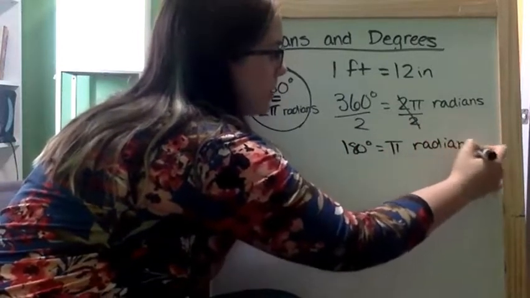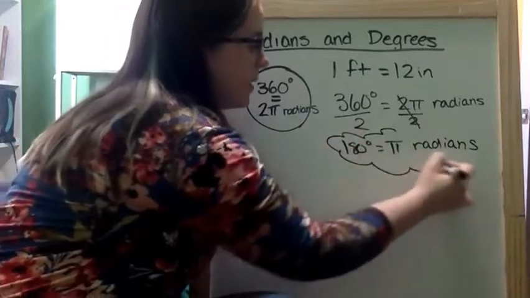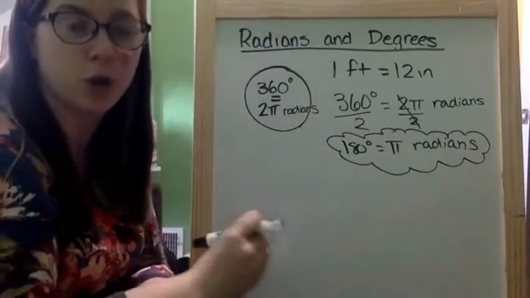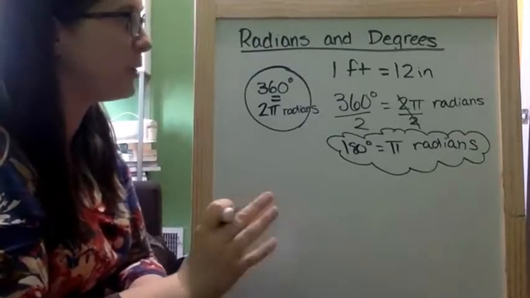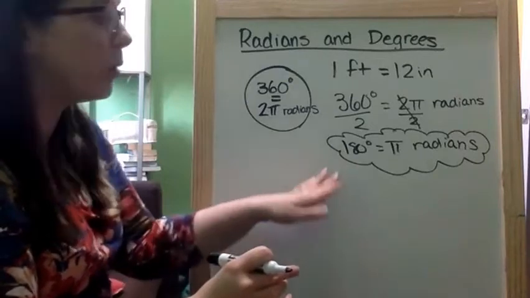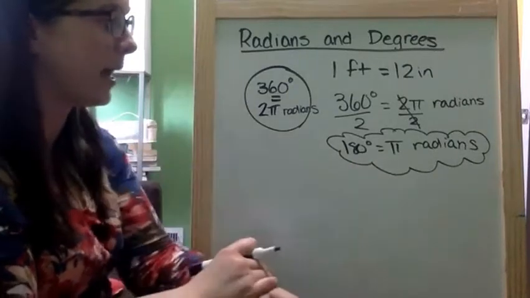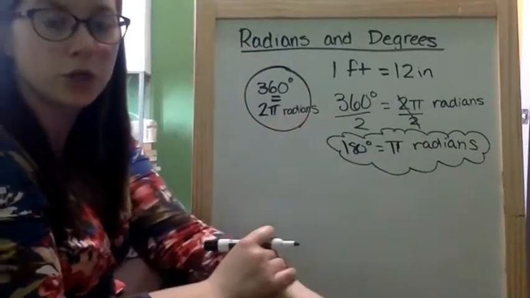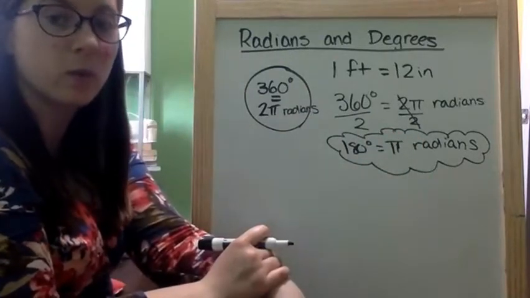And this is what's going to be incredibly important for you to remember and to know when it comes to being able to convert between radians and degrees, because we can use 180 degrees equal to pi radians to be able to convert from degrees to radians or vice versa.